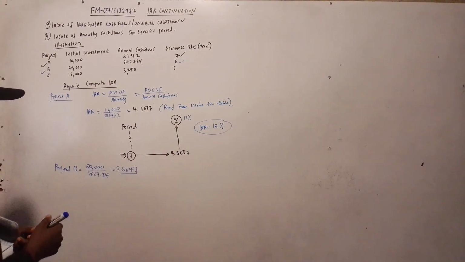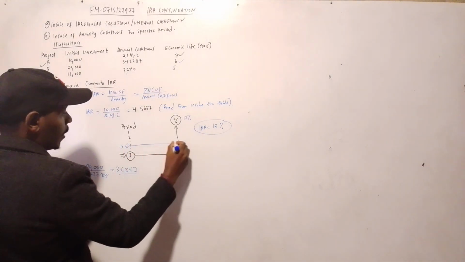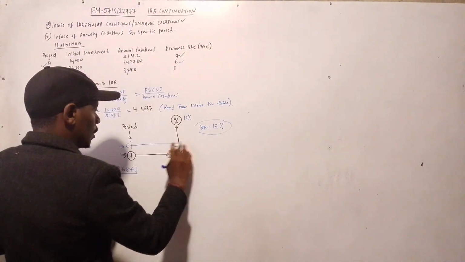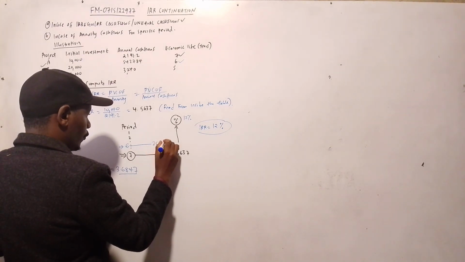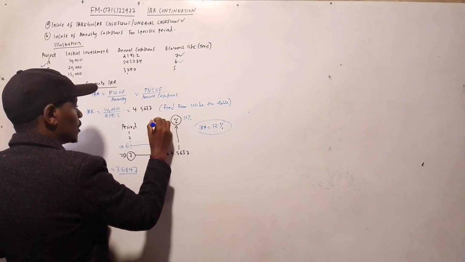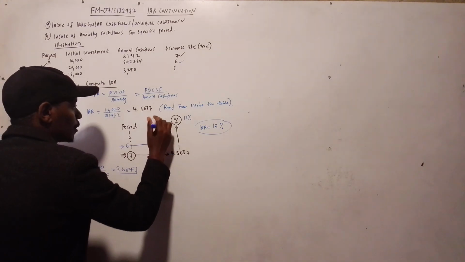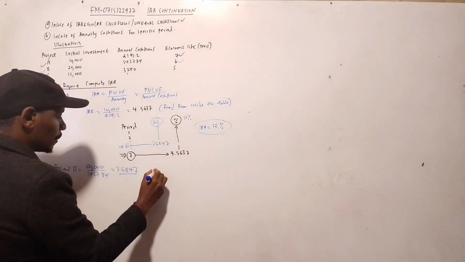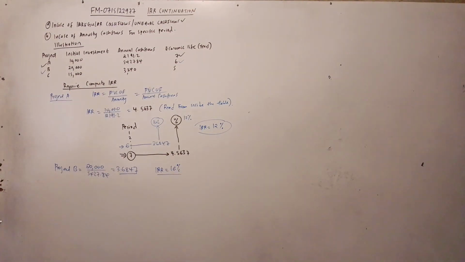So going to your table, you go to period 6, then go to the figure written 3.6847. Then going up you will see it is 13%. It is not 13, it is 16%. Yes, it is supposed to be 16%. Meaning the IRR for project B is 16%.